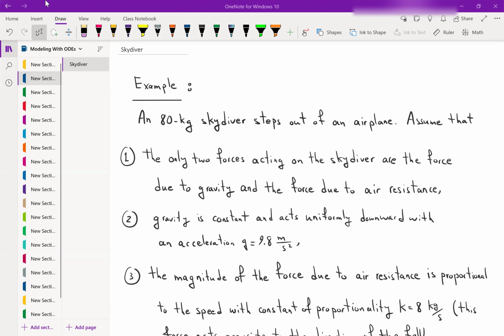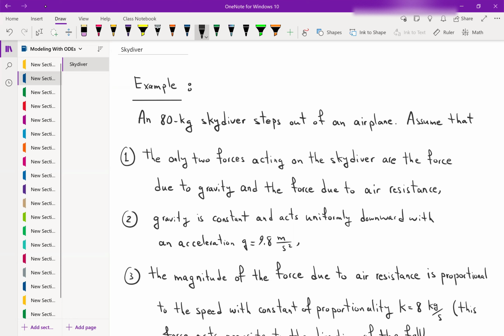It says an 80-kilogram skydiver steps out of an airplane. Assume that, one, the only two forces acting on the skydiver are the force due to gravity and the force due to air resistance. Gravity is constant and acts uniformly downward with an acceleration g equals 9.8 meters per second squared.